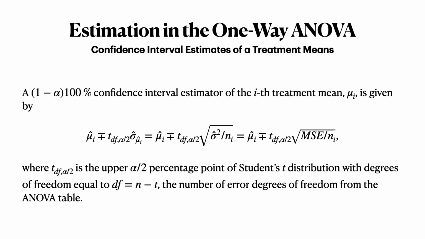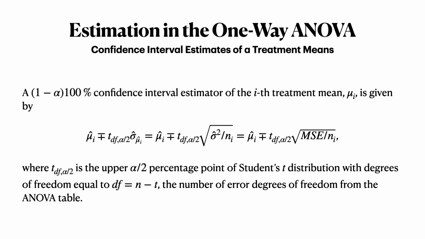The margin of error is equal to the product of an interval coefficient, which in this case comes from a t-distribution, and the estimated standard error of mu hat sub I. The interval coefficient, denoted t with degrees of freedom and alpha over 2 in the subscript, is the upper alpha over 2 percentage point of Student's t-distribution with degrees of freedom equal to n minus t, the number of error degrees of freedom from the ANOVA table.